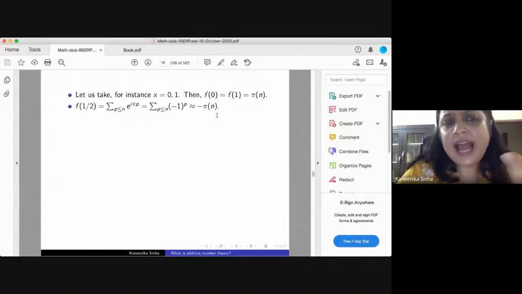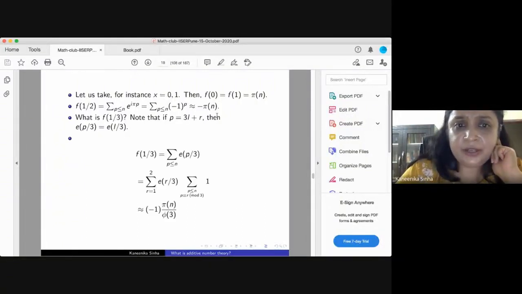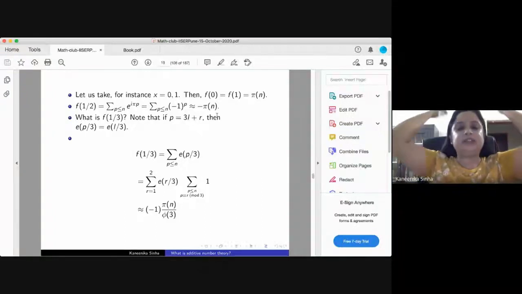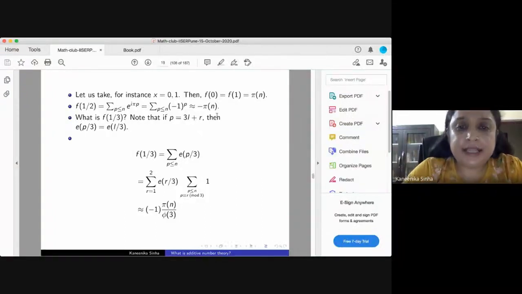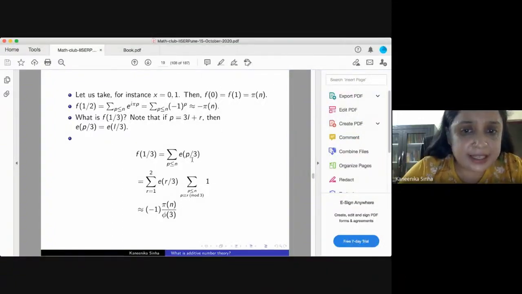What happens now if you change 1 by 2 to 1 by 3? Here we have to calculate e raised to the 2 pi i p by 3. Because your exponential function is periodic of period 1, instead of doing it for all the primes, you can reduce primes modulo 3.